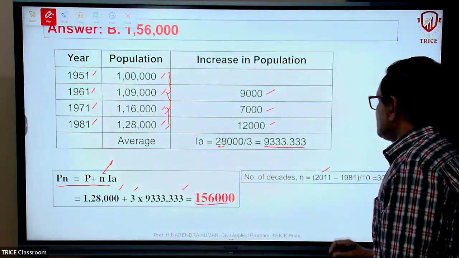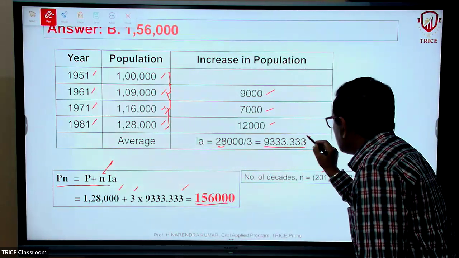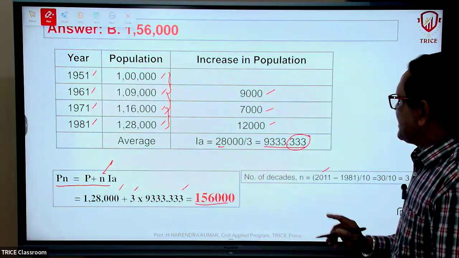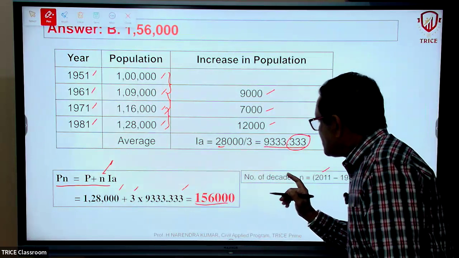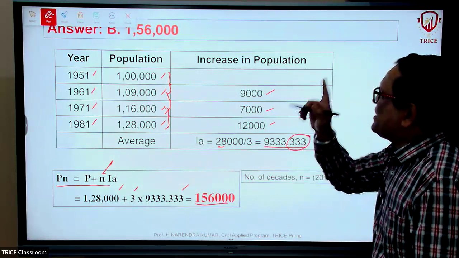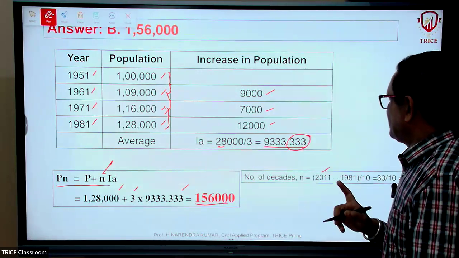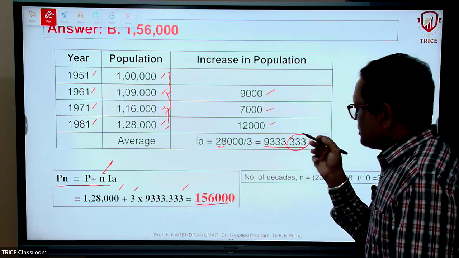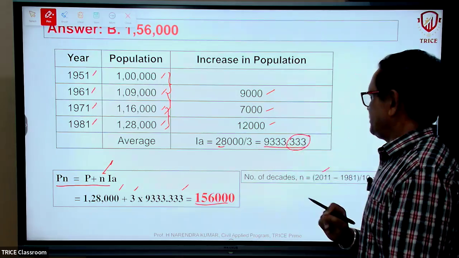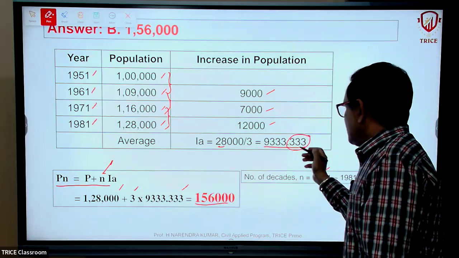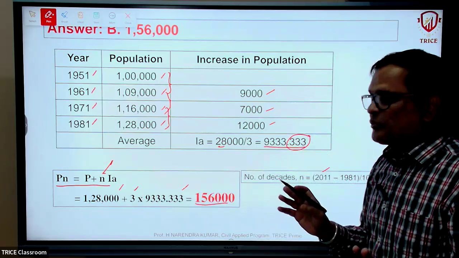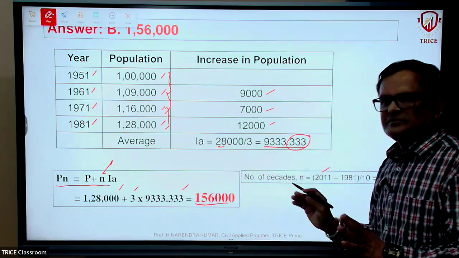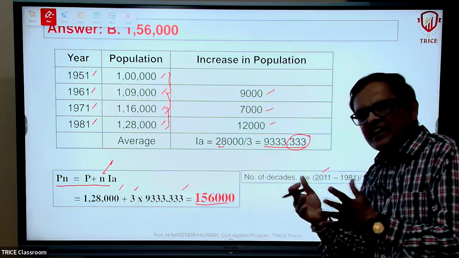Answer is there. If you remove the decimal part, you will get a slightly different value, 1,55,999. That is why I said in the beginning, you need to choose the nearest value. Usually in the normal way, we try to avoid the values after the decimal point, because 0.33 does not have any meaning.